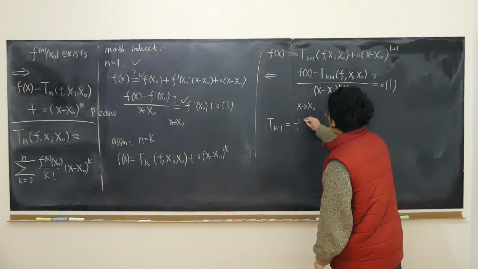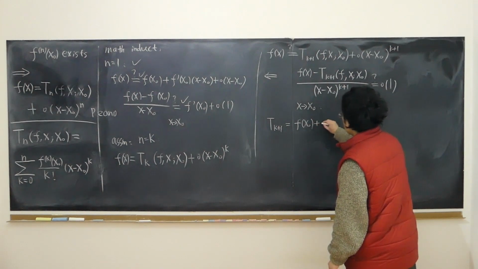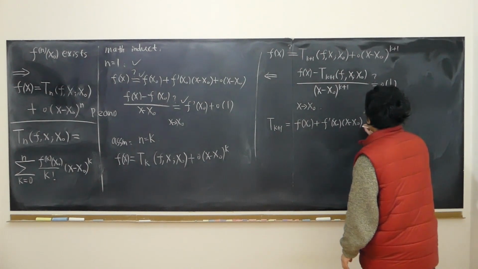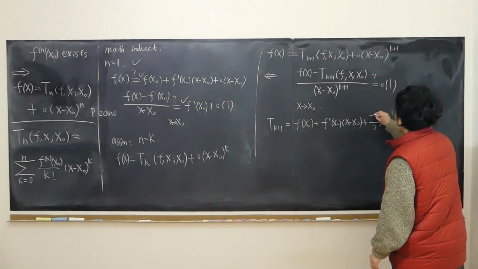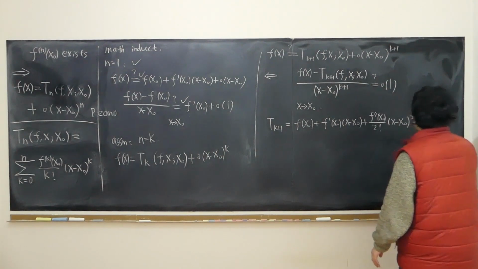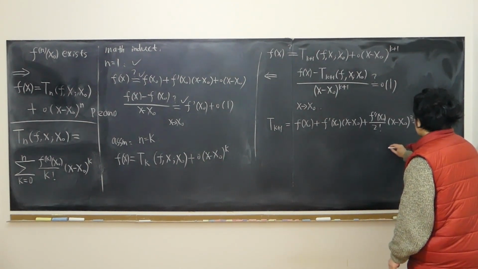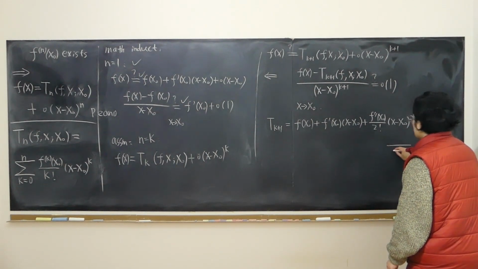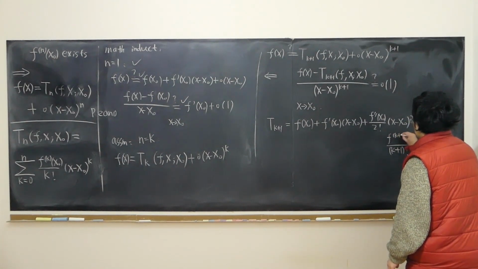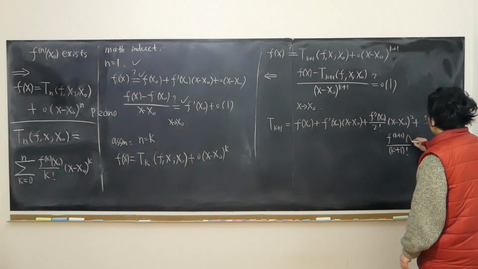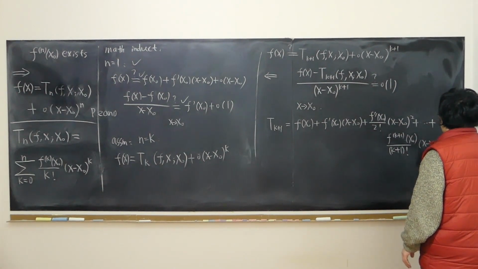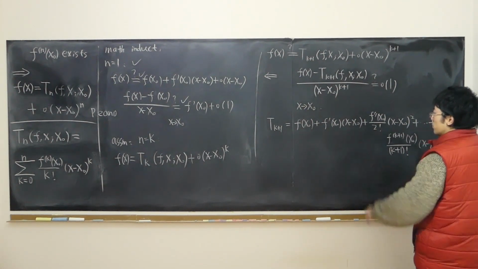So f of x naught plus f dash of x naught times (x minus x naught) plus 2 factorial f double dash of x naught times (x minus x naught) to the power of 2 plus all the way up to k plus 1 factorial, f the k plus 1th derivative of x naught, times (x minus x naught) to the power of k plus 1. Right, that's a Taylor polynomial.